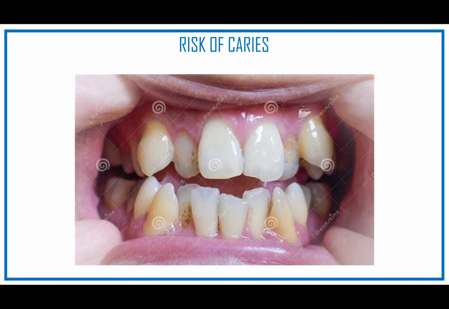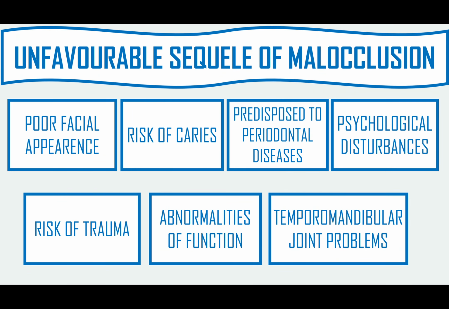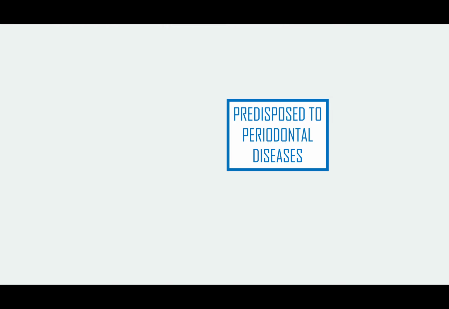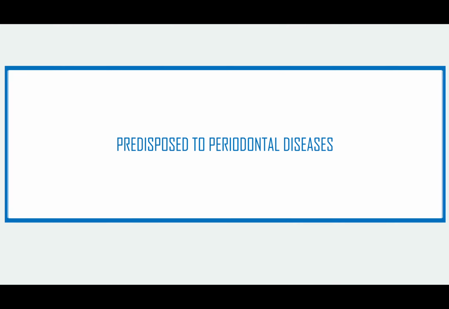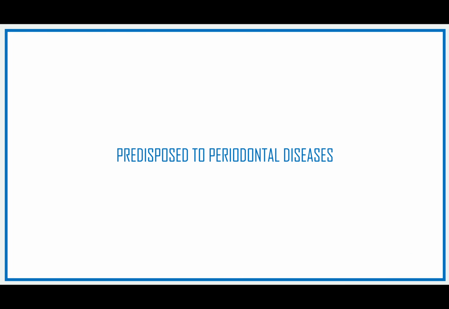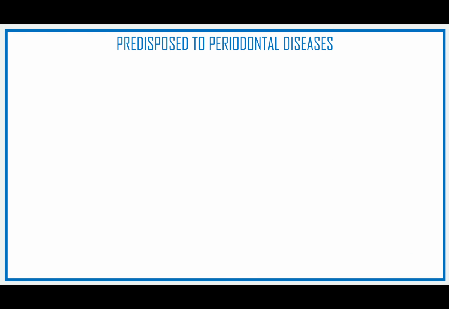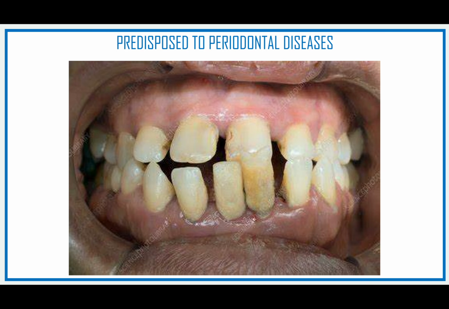Going towards the third unfavorable quality of malocclusion, that is, it predisposes to periodontal diseases. Malocclusion associated with poor oral hygiene is a frequent cause of periodontal diseases. In addition, teeth placed in abnormal position can be a cause for traumatic occlusion with the resultant periodontal tissue damage.